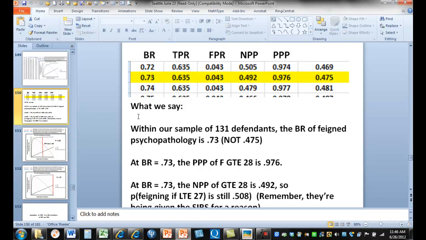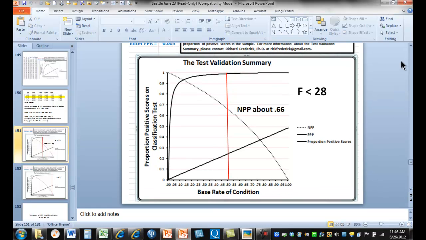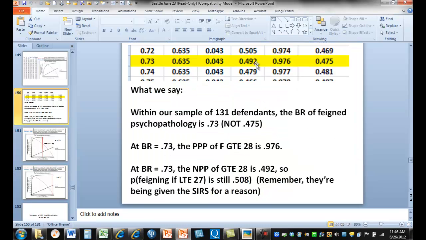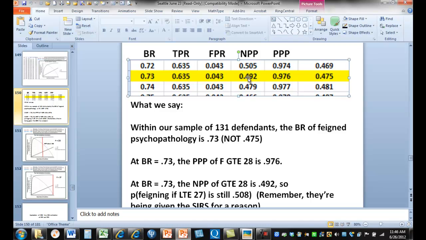Okay, so you take that information like this. Here's a negative F score, and then I'm going to put it on the SIRS. Here's a SIRS TVS, and just assuming the SIRS had a false positive rate of near 0 and a true positive rate of 48%. I take all those F less than 28, and because I assume the base rate is about 51% here, 1 minus the negative predictive power.